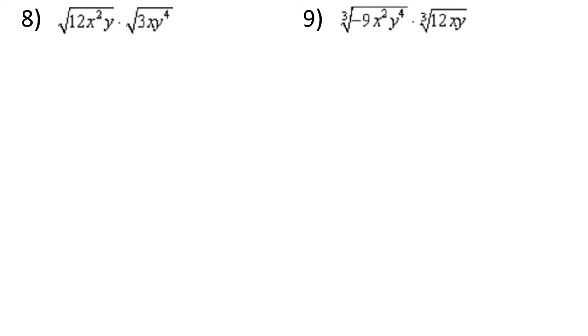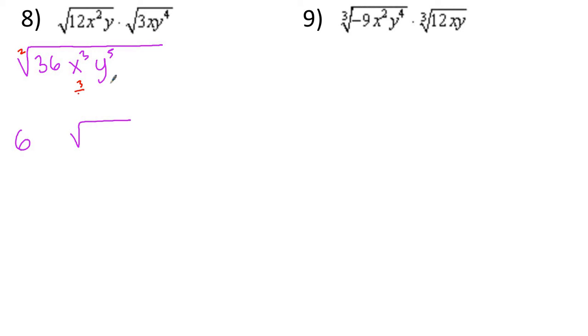Let's do 2 more. Feel free to pause it and try them, always. Now, number 8. This one's kind of nice because that's just 36, x cubed, y to the 5th. The square root of 36 is just 6. Then for our x and y, divide by your index.